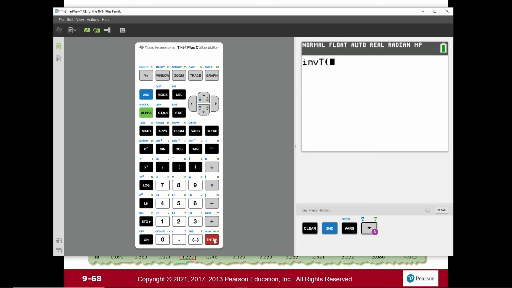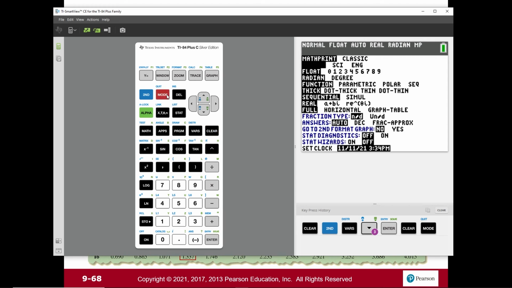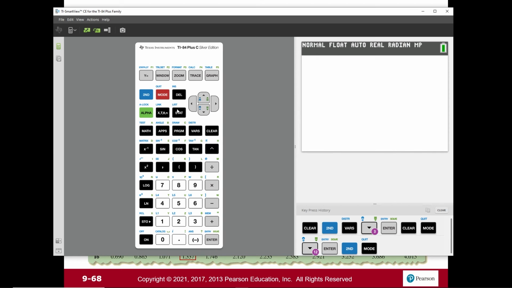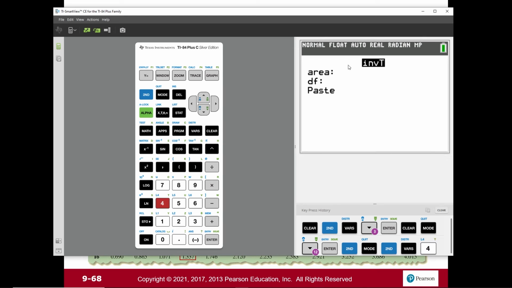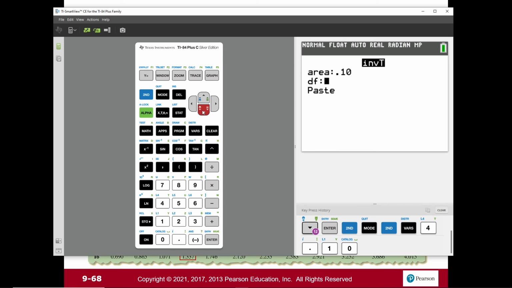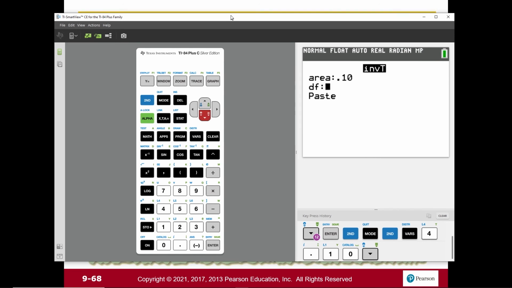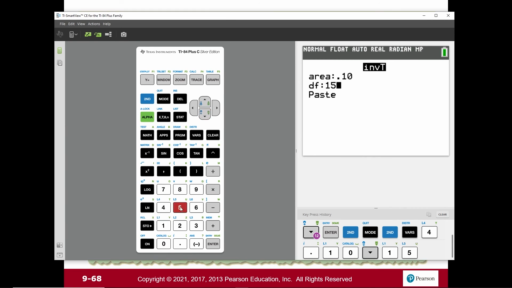So if I hit enter, it's prompted me for the parameters that I separate by a comma, but I'm going to put on stat wizard. That way, if you have stat wizard on and you choose a stat function like inverse t, it's going to prompt me. So I need 0.10, and my degrees of freedom we figured out to be 15.